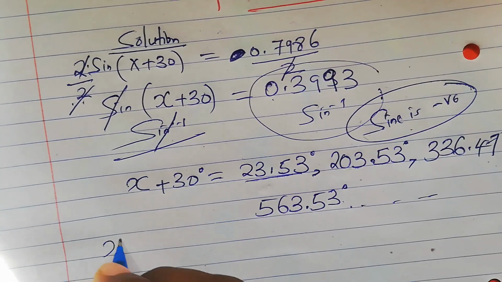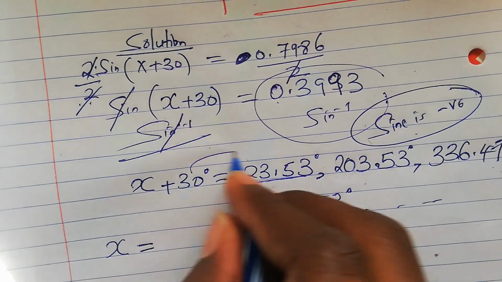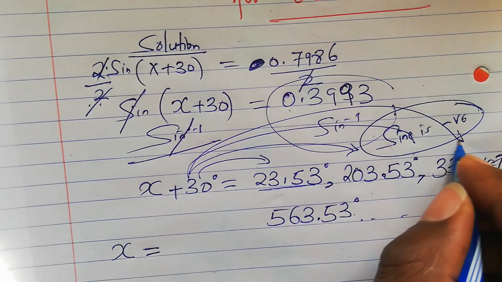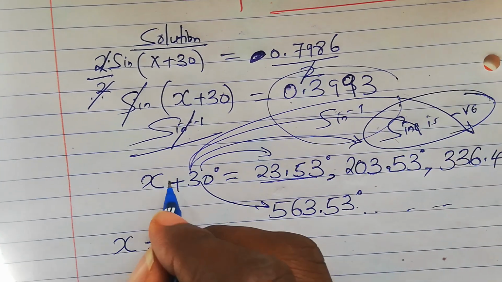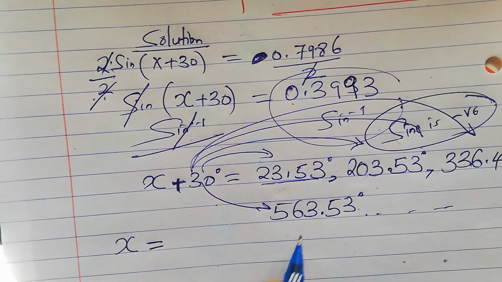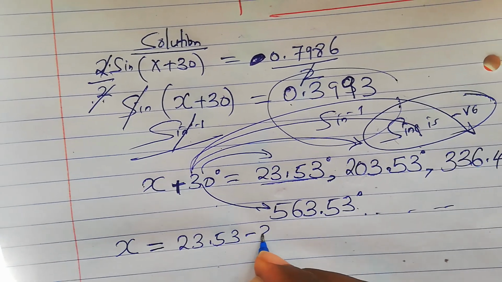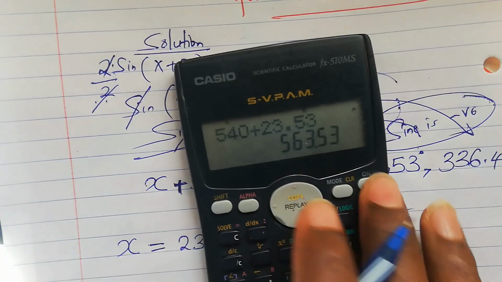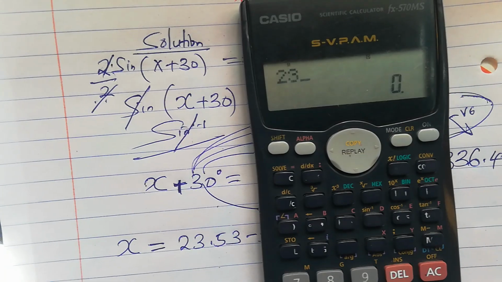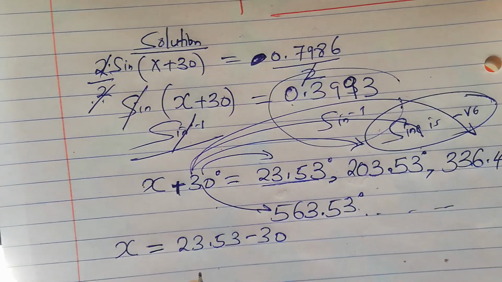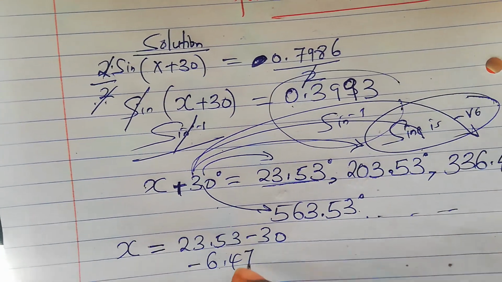So if we want the values of x, we shall say 30 shall be subtracted from each and every value, because it's a positive here, going to the other side it will be a minus. So 23.53 minus 30, that's the first angle. That gives you negative 6.47 degrees.